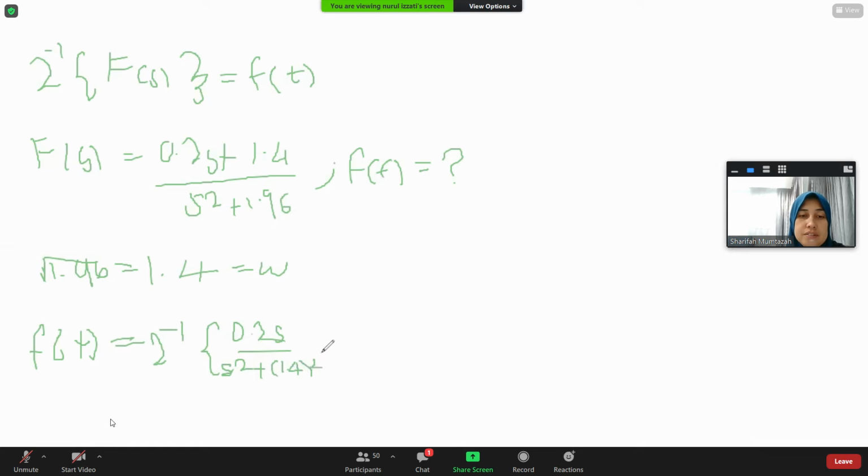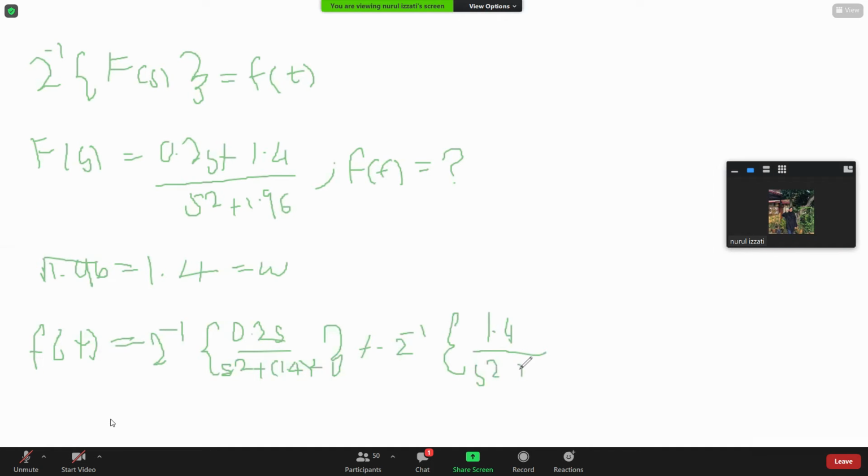All right, correct. Okay. Plus inverse Laplace. Okay. 1.4 over s square plus 1.4 square. All right, okay.